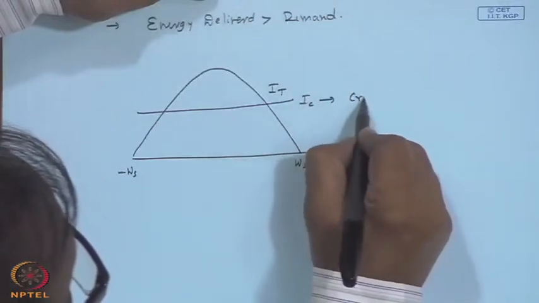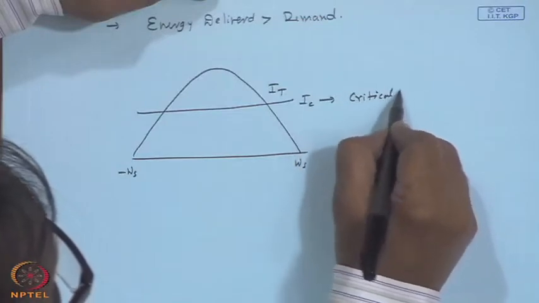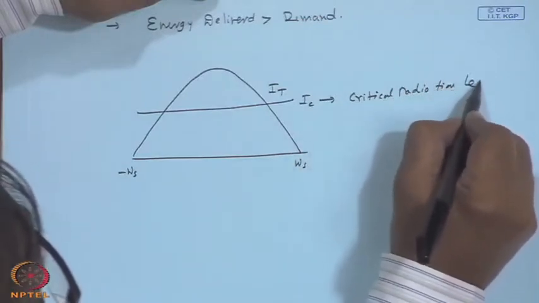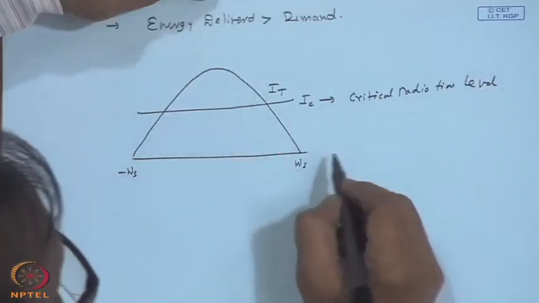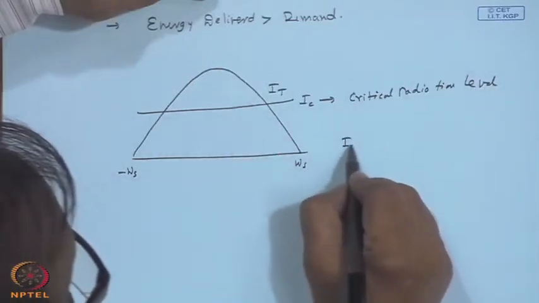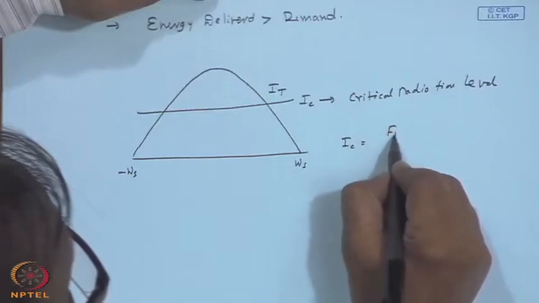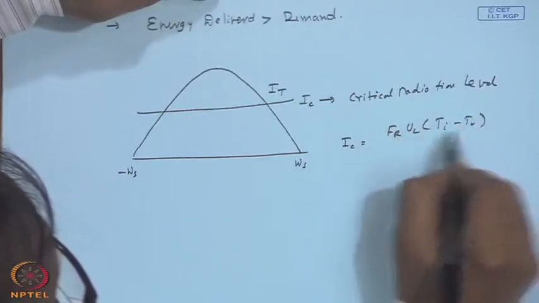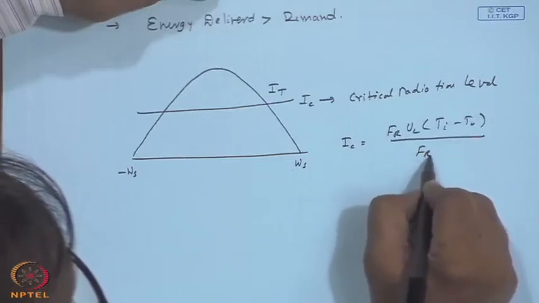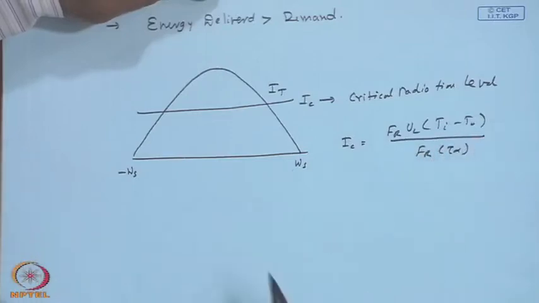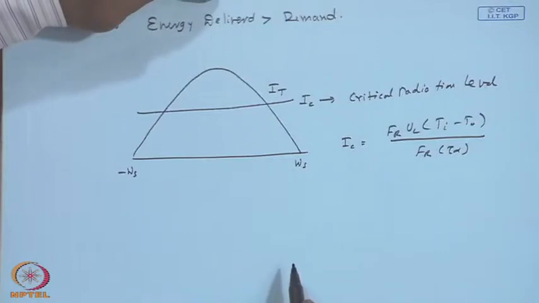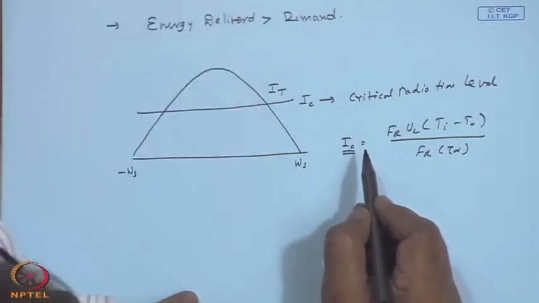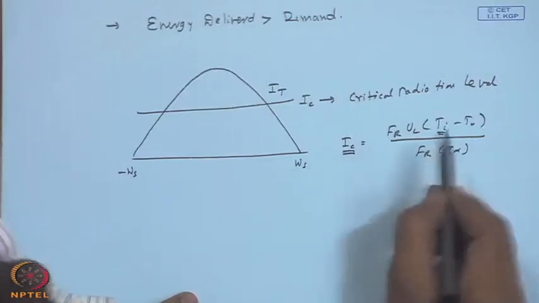This critical level is obtained as I_c equal to F_R U_L into (T_i minus T_a) by F_R tau alpha, which is nothing but the radiation should be above this critical level in order that there is a heating up to T_i.